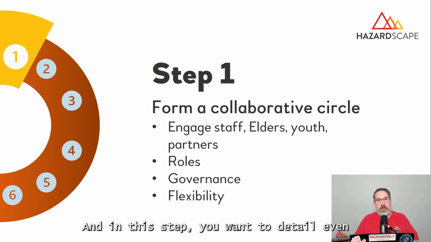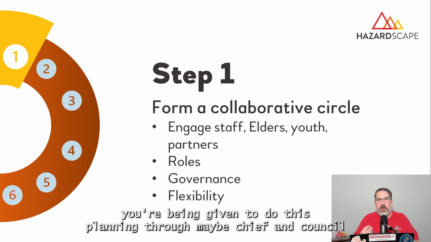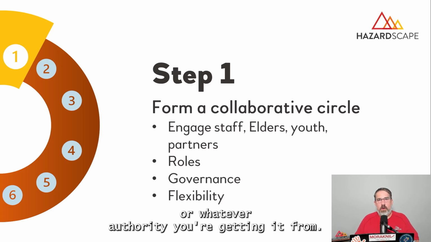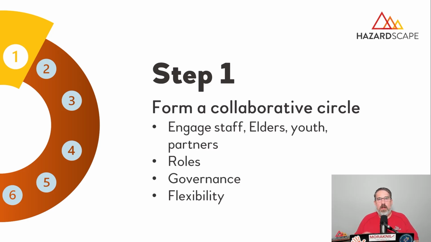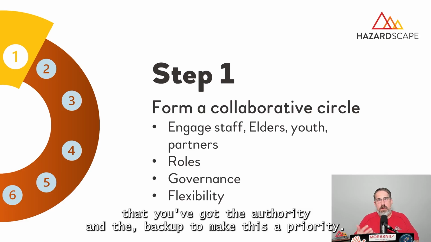And in this step, you want to detail even the authority that you're being given to do this planning through, maybe chief and council or whatever authority you're getting it from. Because you want to start off by showing everyone in the circle that you've got the authority and the backup to make this a priority.